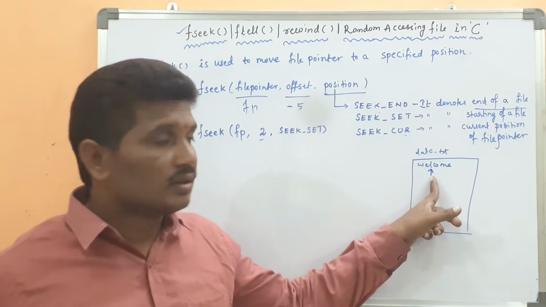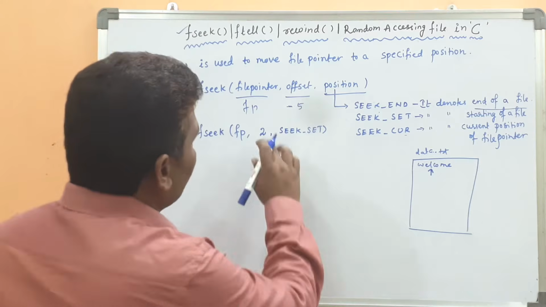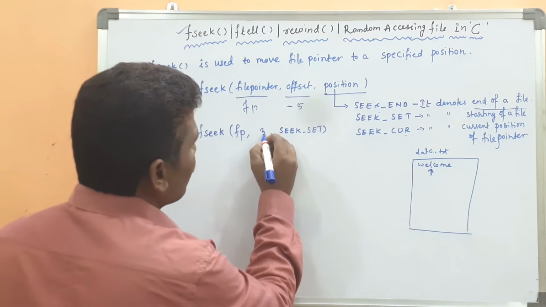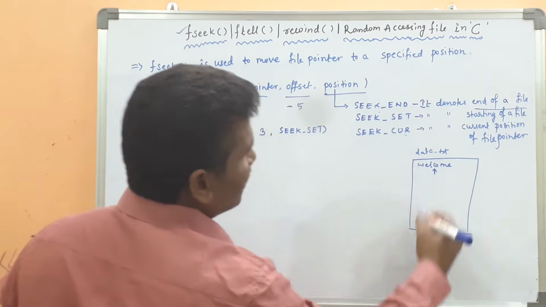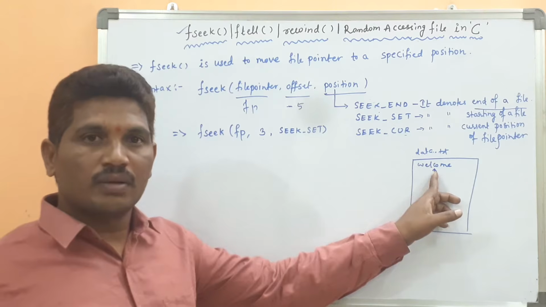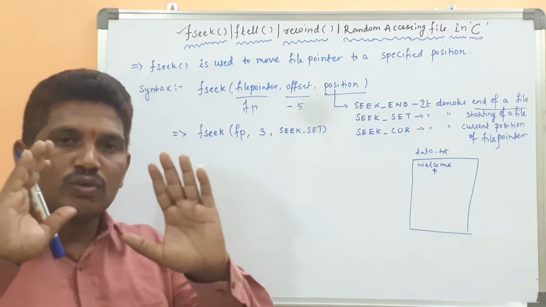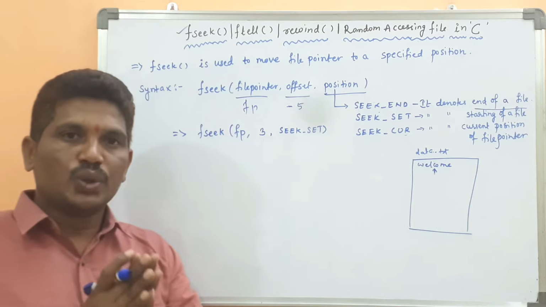Got it? Here, how many bytes do you want to move? 2 bytes. For example, if it is a 3, then with 3 bytes the cursor pointer will be here only.